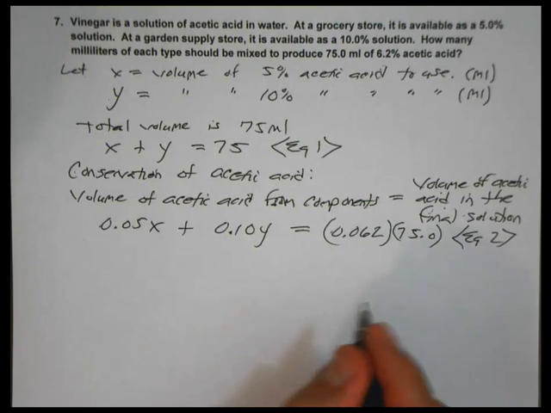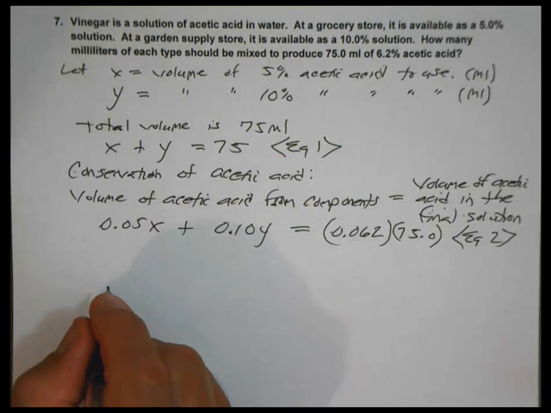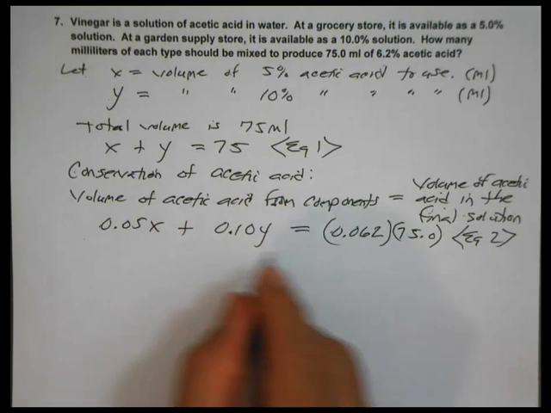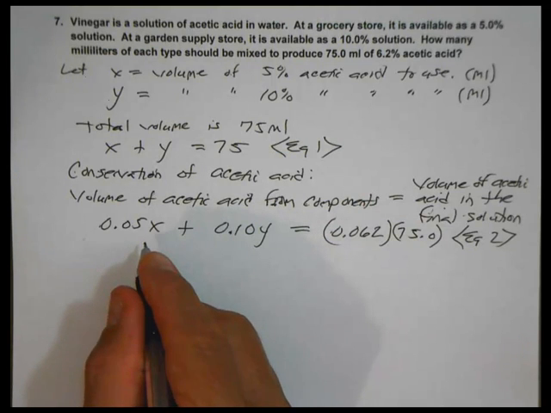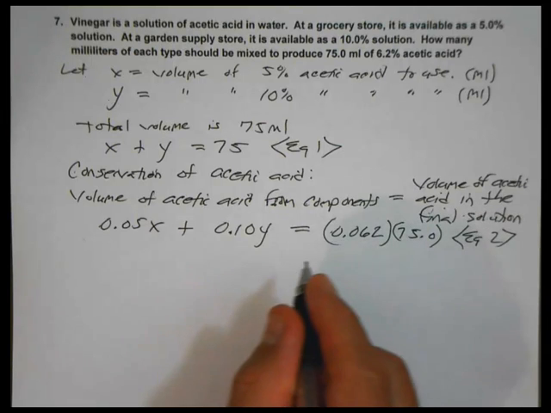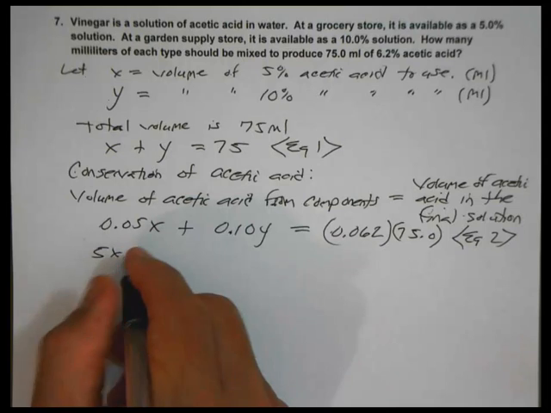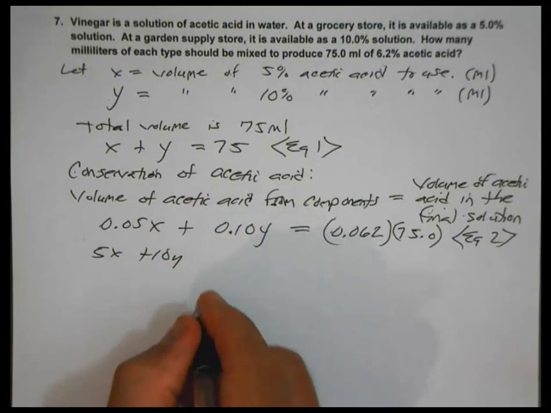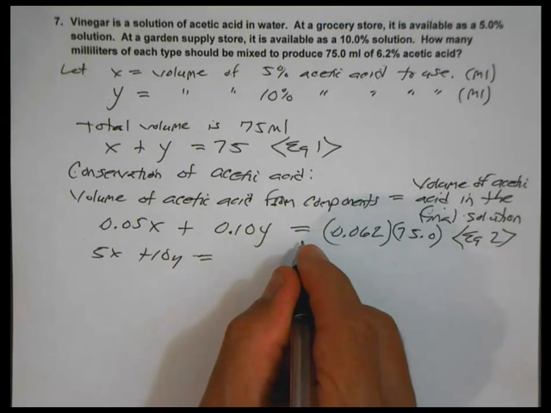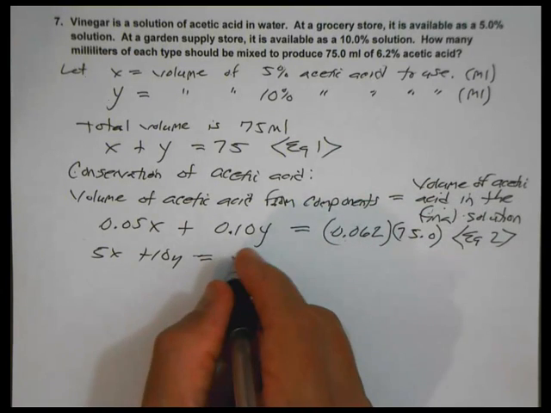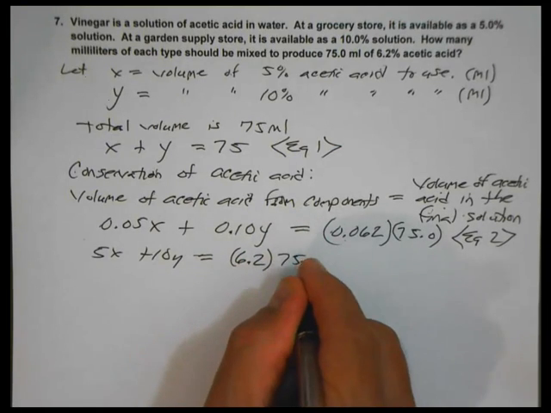Sometimes you might decide to do a little touch-up of your original equations. This has a fair number of decimals which could be pretty easily eliminated. Maybe we multiply both sides of this by 100 and have it look like 5x plus 10y equaling 6.2 times 75.